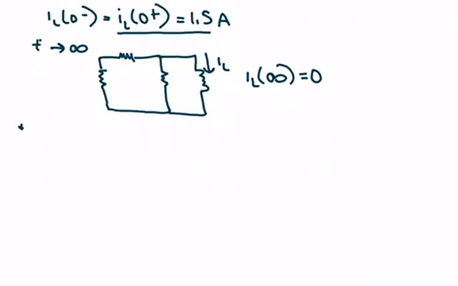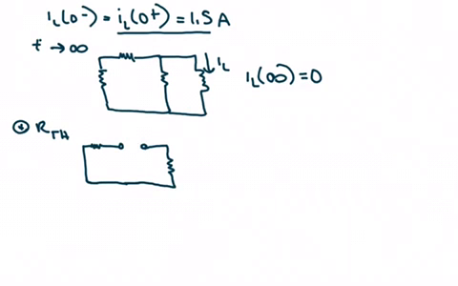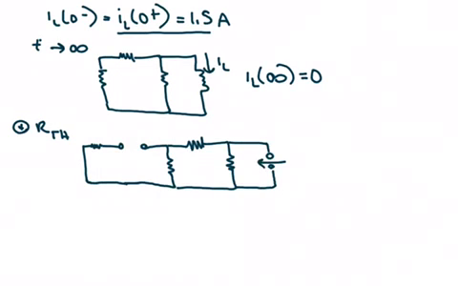All right, so now we want to find RTH so that we can determine our time constant. We can redraw the circuit after t equals 0. We can zero out that voltage source there, and we are going to figure out our R equivalent through the terminals of the inductor.